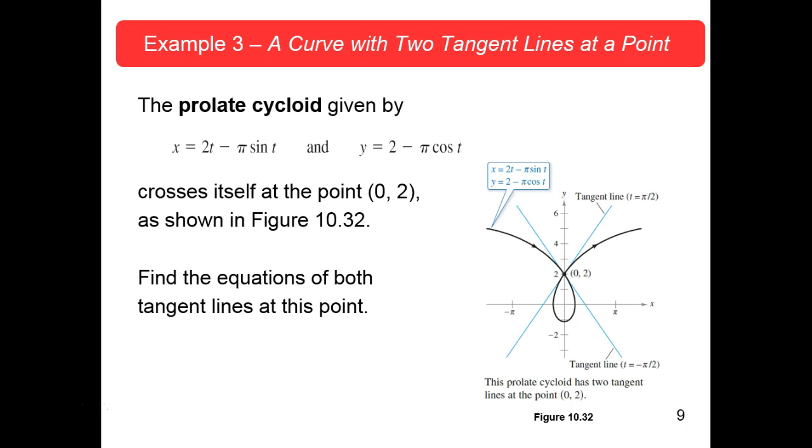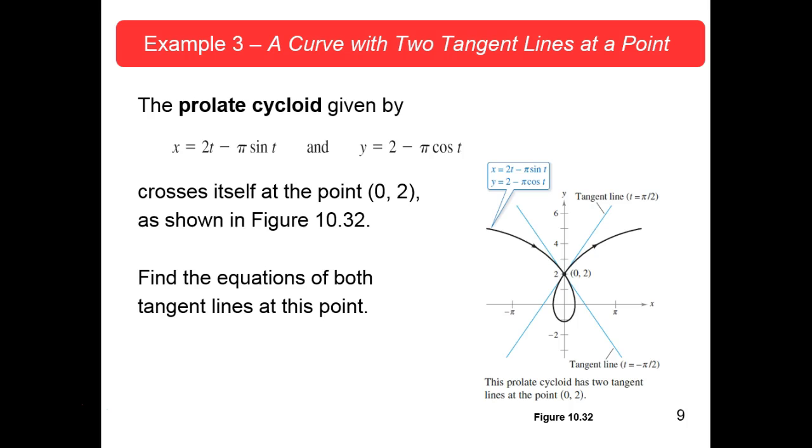So if you know at this point x equals 0, y is equal to 2. Now, the easy one to start with here is y is equal to 2. What is going to give you a value of y is equal to 2? T equal what? Pi halves.